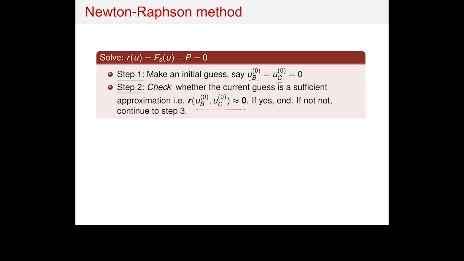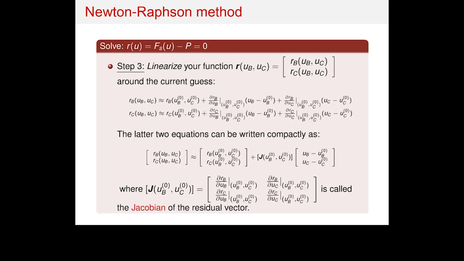If the residual is different from 0, and it is going to be, in the most general case, different than 0, then you get into step number 3. In step number 3, you linearize. So you linearize, just finding the derivative like we did in the previous case. Find the derivative. Now you have B and you have C, so you need to find the derivative with respect to B and with respect to C.